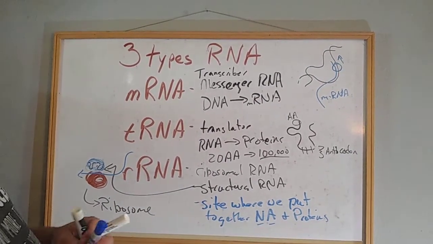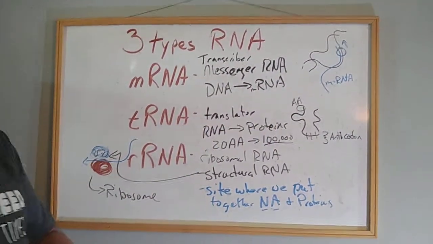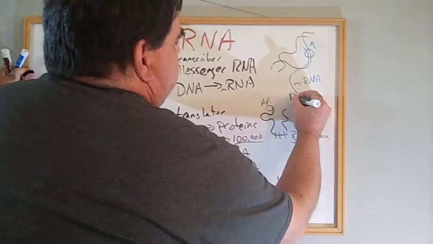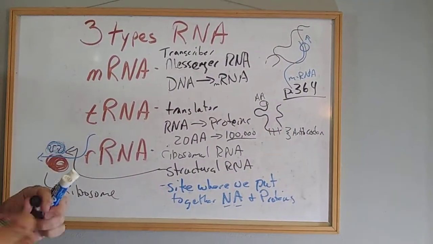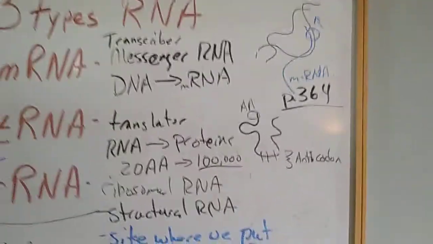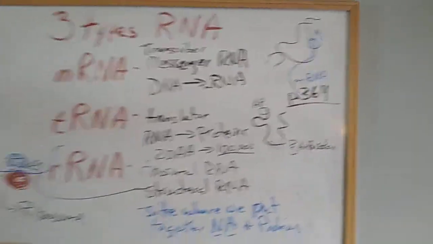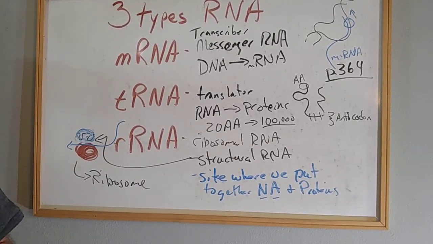Okay? So this transcription process, and your textbook has a great diagram of it. It's on page 364. So again, you should have your textbook with you. Make sure you look at page 364 to get a better understanding of that process. And then in your notes, those bullets underneath the transcription part, I have 4 of them there.